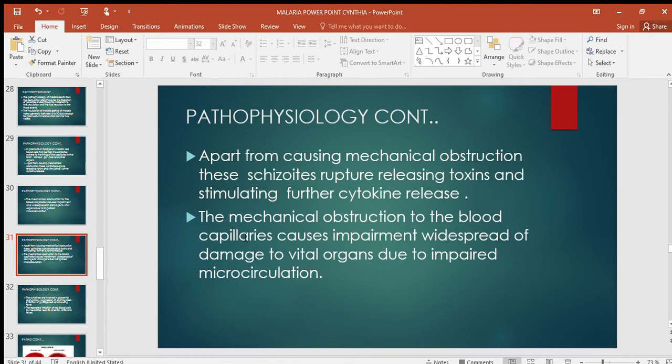So the mechanical obstruction to the blood capillaries causes impairment, widespread damage to the vital organs due to impaired microcirculation. So imagine that impairment is occurring in the brain. It means the brain cells are not receiving adequate oxygenation and nutrition and all those things that the blood supplies. So it will result in change of behavior.